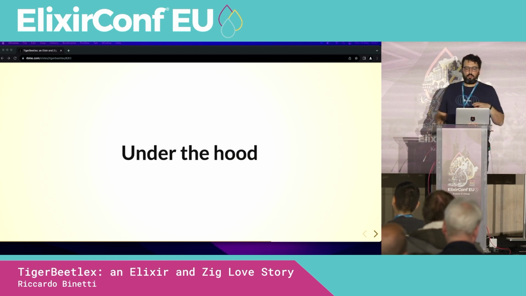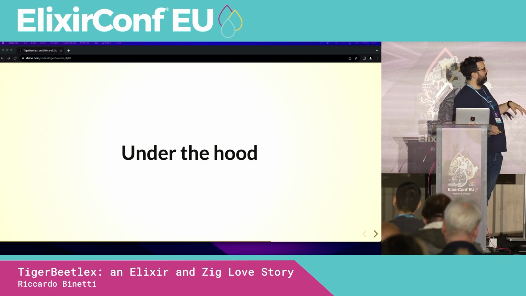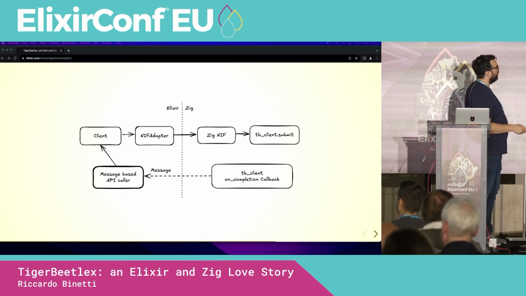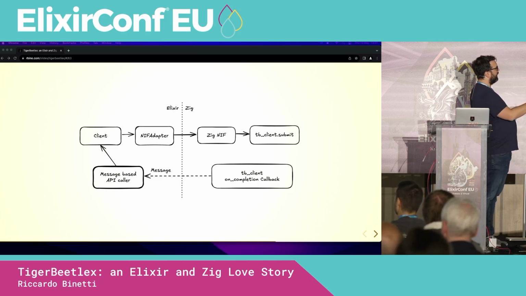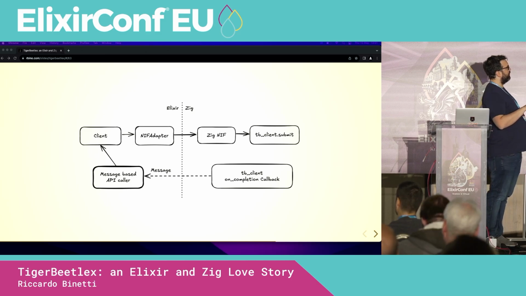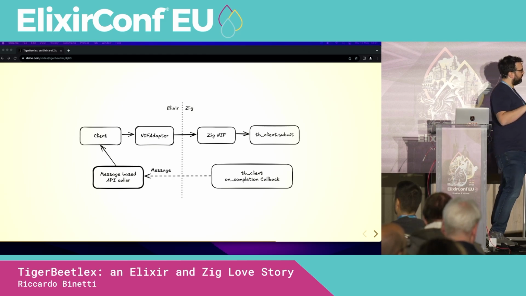So let's have a quick look under the hood on how this thing is implemented. This is what happens when a message-based API caller calls the TigerBeetlex client. It calls the TigerBeetlex client function, which calls the NIF, which calls the Zig NIF, which calls tb_client.submit, which is the Zig client function.